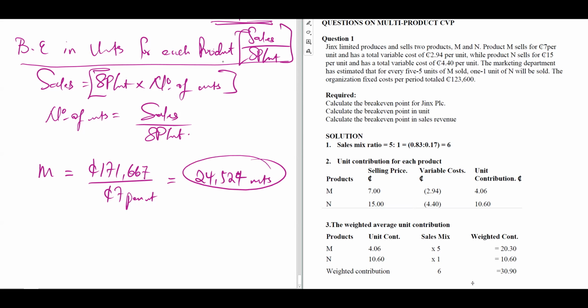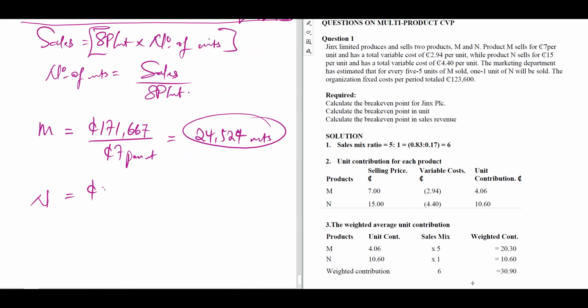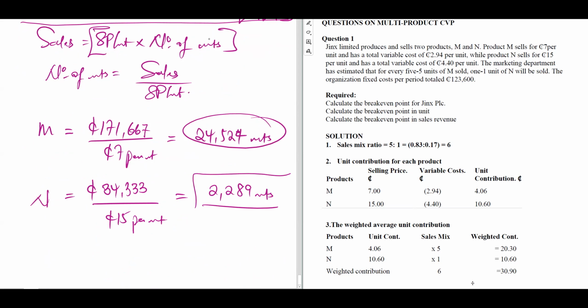Then when we come to product N, it was 34,333, right? So we take sales of 34,333 and divide by the selling price of 15 cedis per unit. That means we must sell 2,289 units to break even, right?